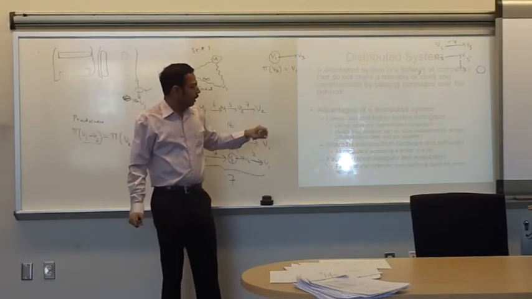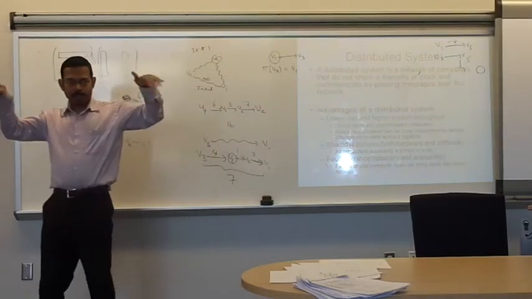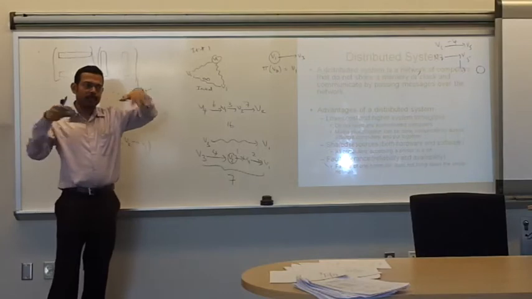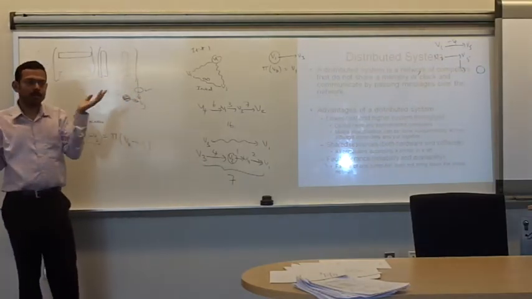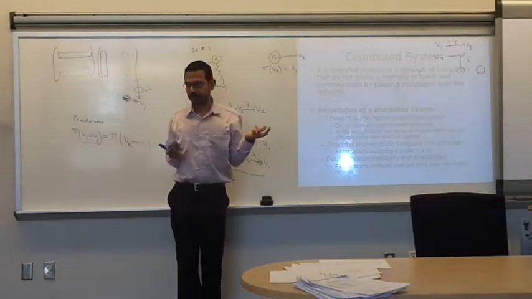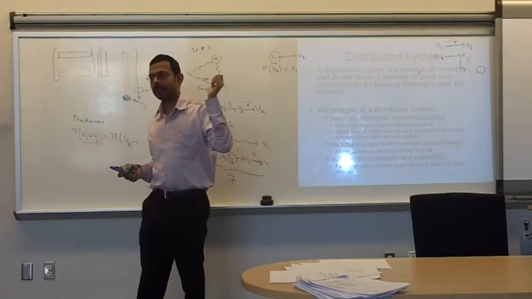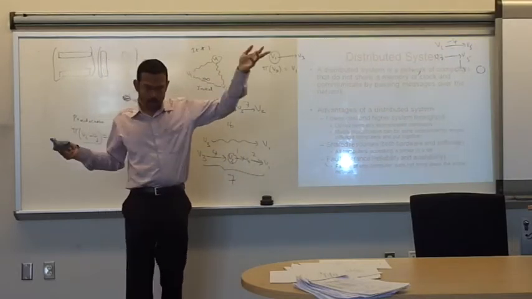Okay? There's also this fault tolerance. Fault tolerance means if even one of these multiple computers fail, the other computers can still do the job. So the whole thing is not getting shut down because of failure of one computer. You see what I mean? Whereas in a single system, if something happens to the system, then you cannot do anything.